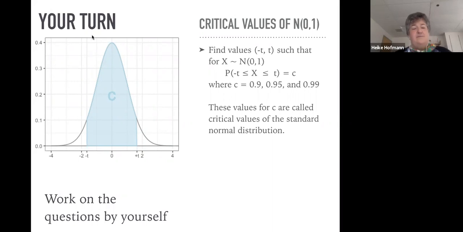What we're trying to find is values for t such that C, this area under the curve, is 0.9, so 90%, 95%, or 99%. So what are the values for t in those cases? Those values are called the critical values, and we'll come back to those values of t again.